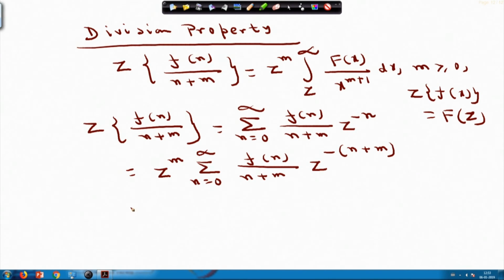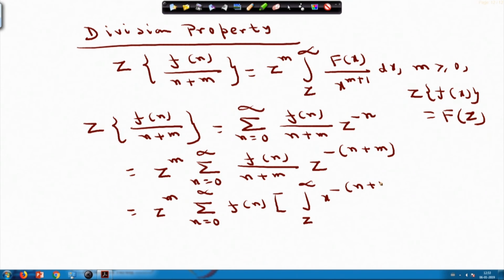So I can write again z to the power m summation n equals 0 to infinity f(n) into, in terms of an integral, z to infinity x to the power minus n plus m plus 1 into dx. Please note this one.